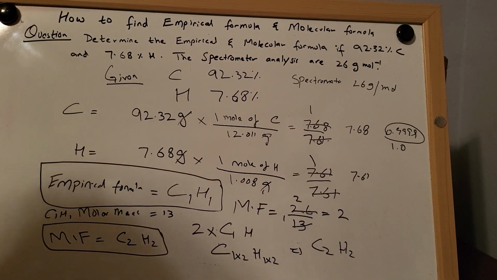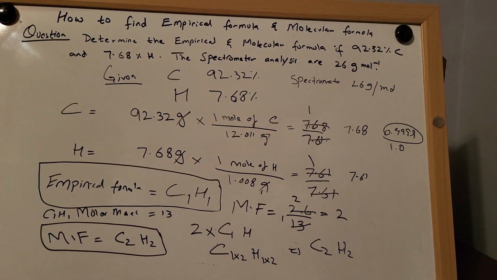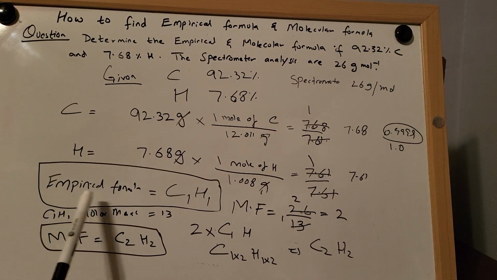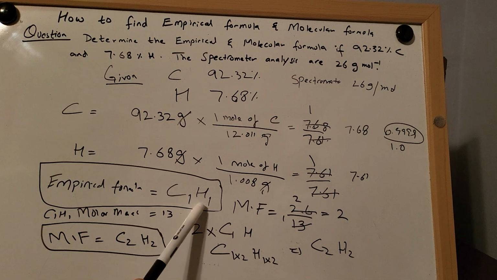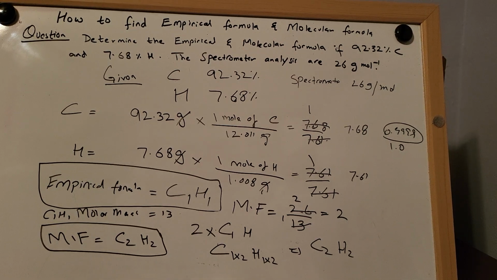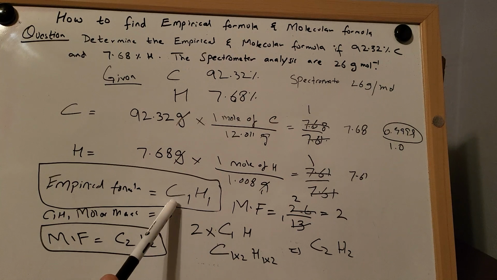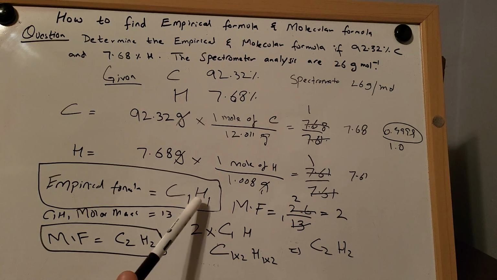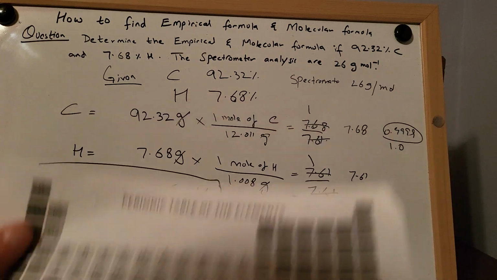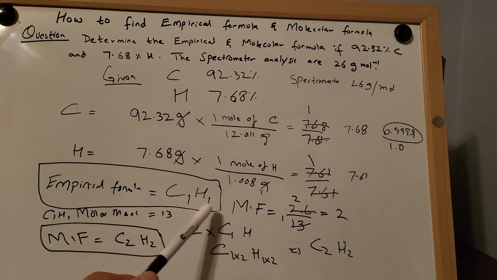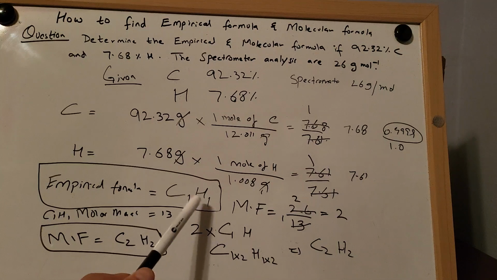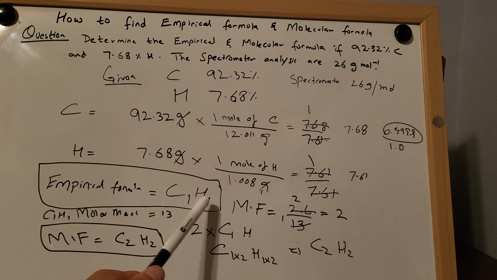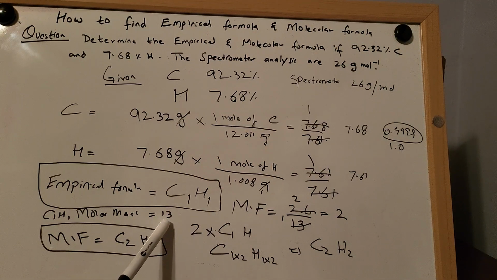Again, for finding the molecular formula, after you find the empirical formula, you will find the molar mass of the compound, carbon and hydrogen. In this case, we found the molar mass earlier. You just have to find the value of the carbon and the value of the hydrogen from the periodic table, multiply with their coefficients, and then add them. Carbon was 12, hydrogen was 1, so we got 13.